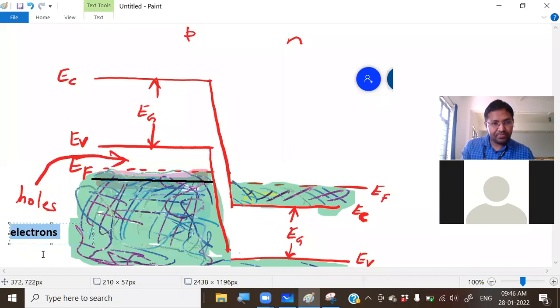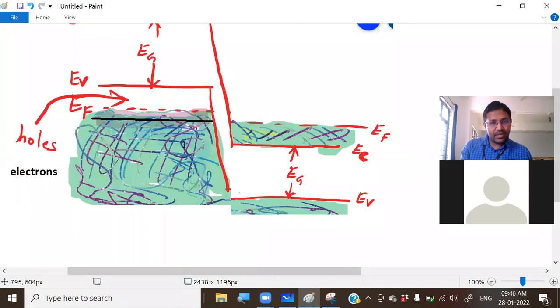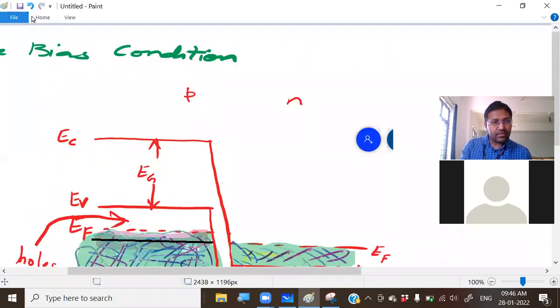The entire shaded region, this one and this one, are all nothing but the electrons.